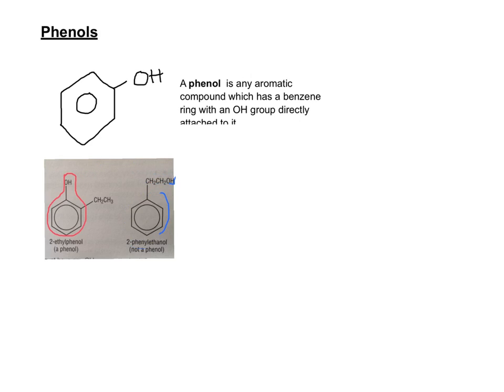So why do we consider phenols separately to other benzene compounds? First of all, let's have a look at why phenols are more reactive than other aromatic ring type compounds. To do this, we have to go back to the original model of the delocalized pi system in benzene.